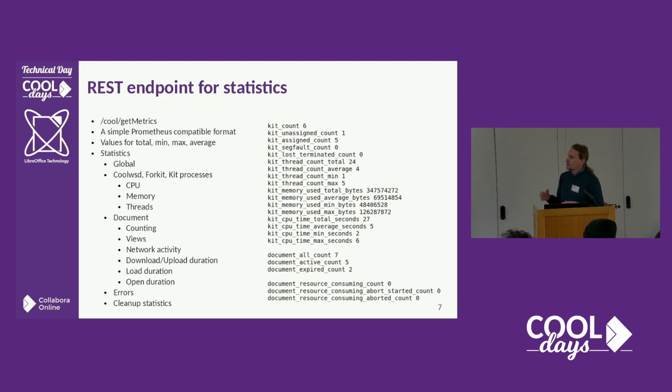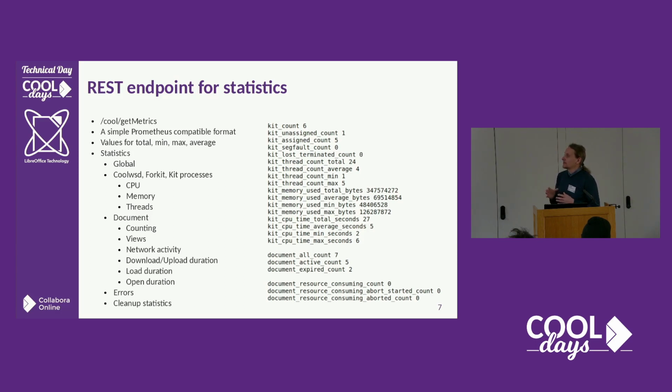That's why we created that REST endpoint, because we are using Prometheus as a tool for evaluating these statistics and providing them in a nice way, let's say, through Grafana. So the endpoint is /cool/getMetrics.